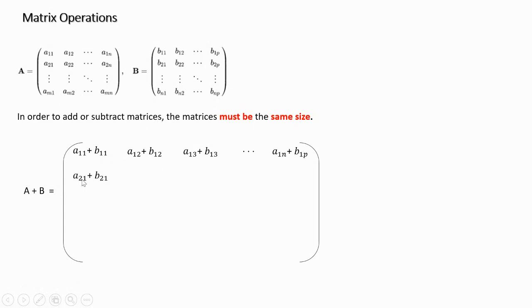And then it's going to be A21 plus B21, and so forth. You keep going all the way till we get to the end. And again, they have to be the same size in order for you to do the operation.